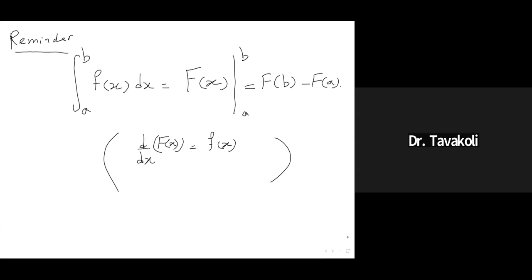Remember that when the function was positive, meaning that the graph of the function over the interval was above the x-axis, like this, y equals f of x, the integral from a to b gives us this area.